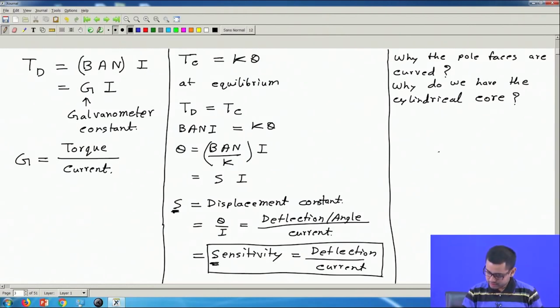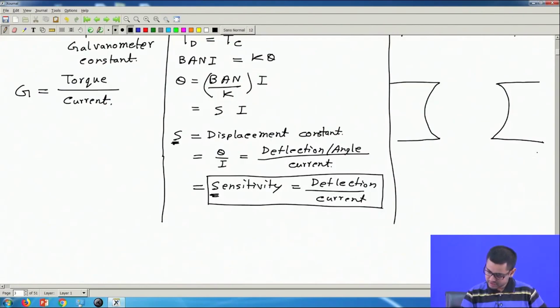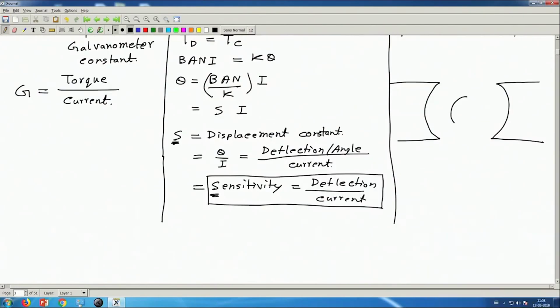So, these are two pole faces and we have a cylindrical core. Now, the core will definitely increase the amount of flux, the flux density, because this core has a higher permeability, lower reluctance than air.